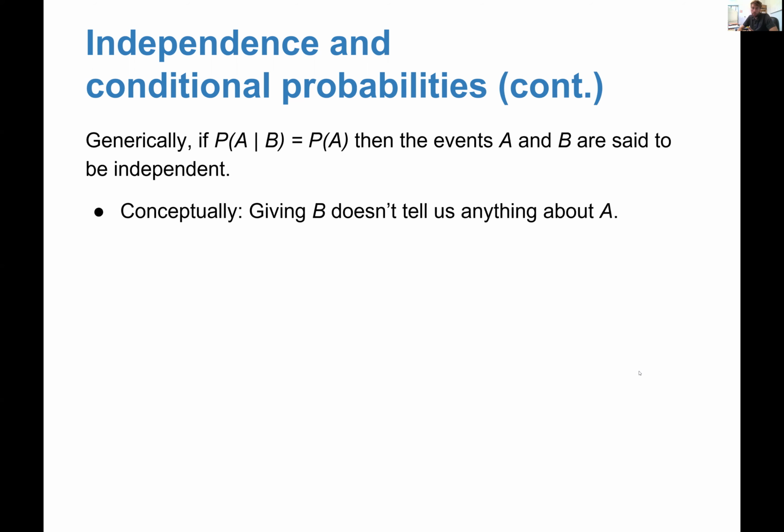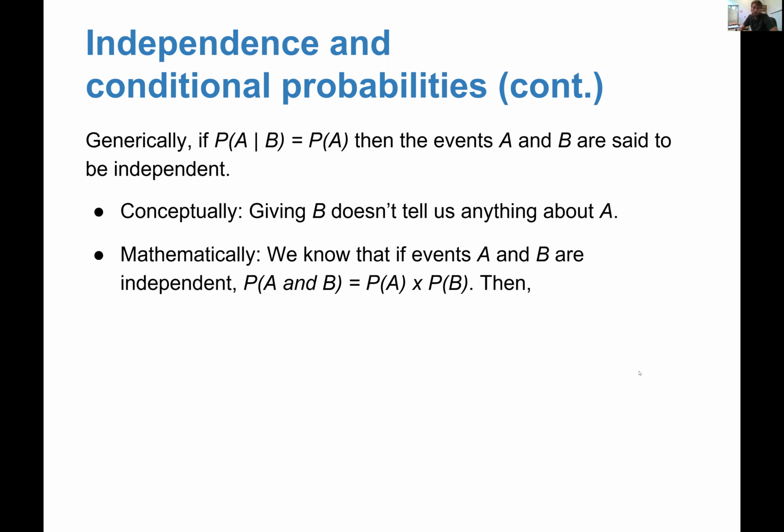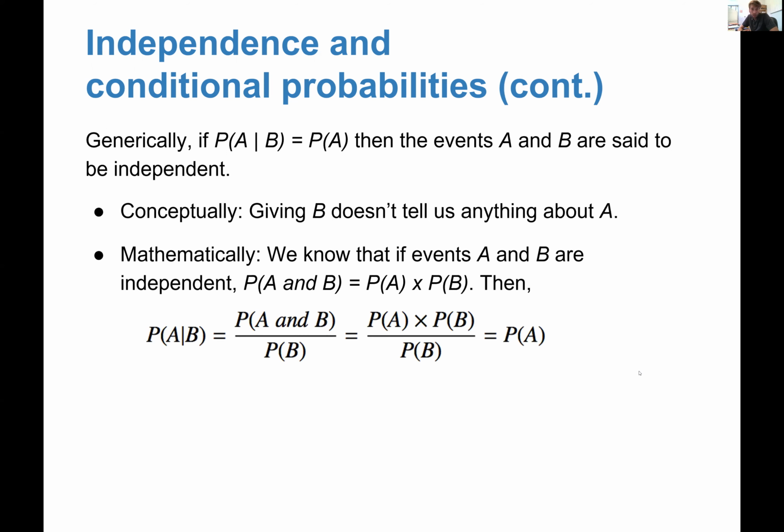Conceptually, independent means knowing B doesn't tell us any information about A. So mathematically, we know that A and B are independent if the probability of A and B equals the probability of A times the probability of B. So the probability of A given B equals the probability of A and B over B, assuming this connection right there, assuming that they're independent. And then we get that independent events means that these things are equal. All right.